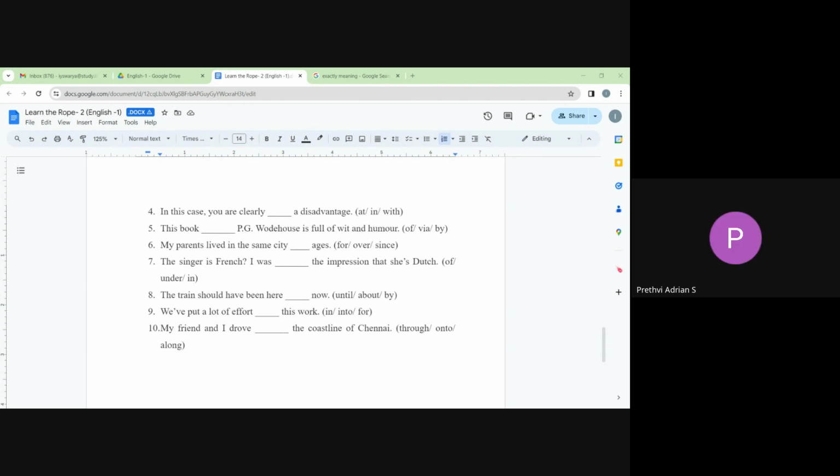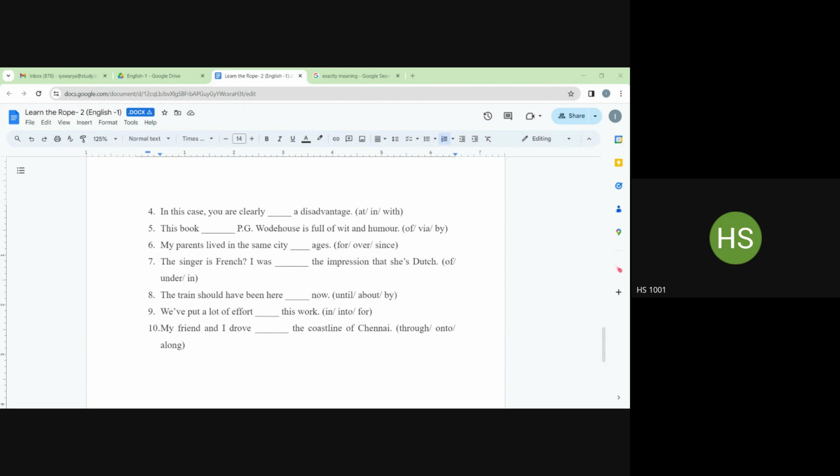Ma'am, but "in" represents the position of the noun or the verb, no, ma'am? But here position does not matter. In represents what position? Yes, ma'am, on the table, in the table, like that. "In the table" is not something that you say at all. It has to be always "on the table". Yes, "in" represents position, but a specific kind of position.